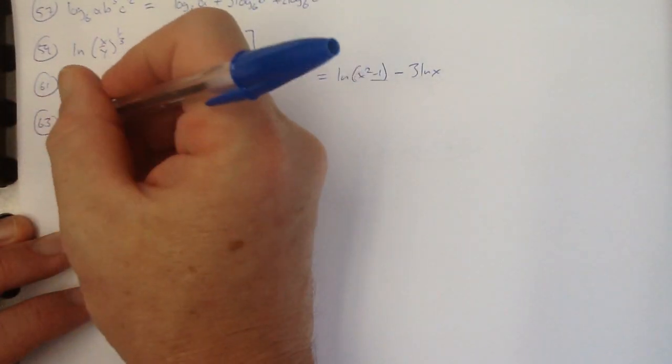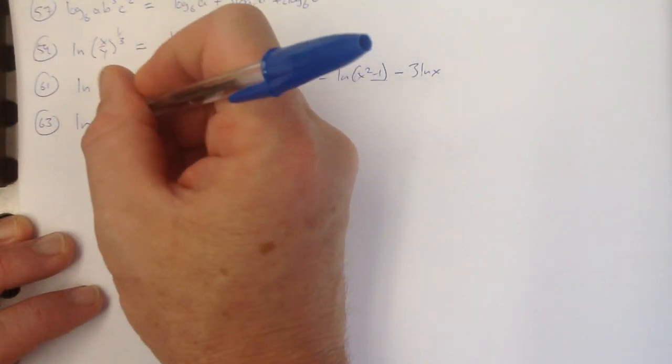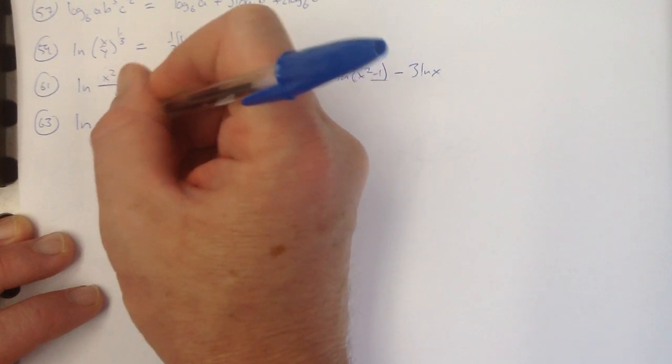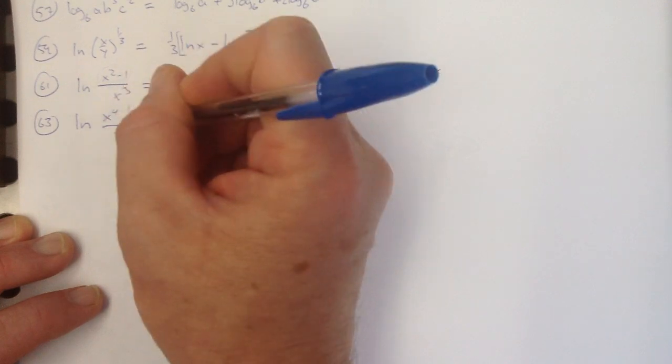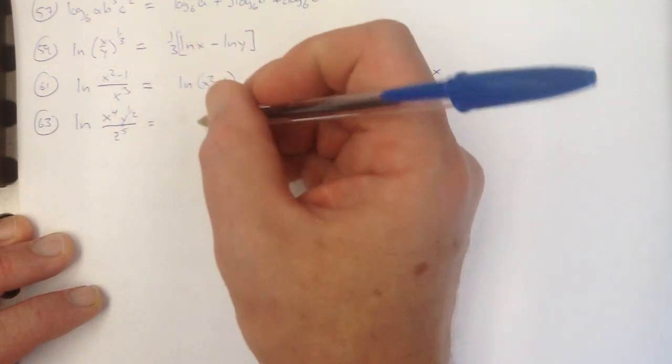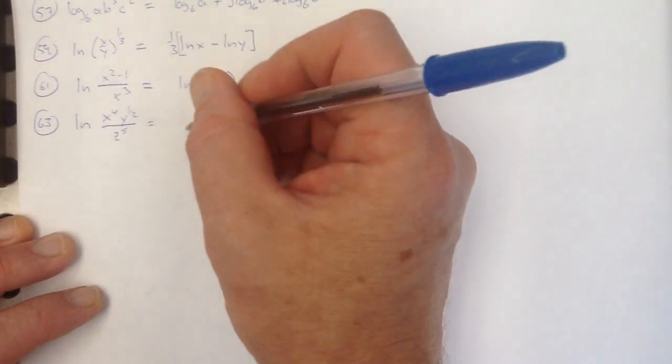63. Got natural log of x to the 4th square root of y over z to the 5th. I'm going to write that as y to the 1/2 because it's better. So I'm going to split that up.